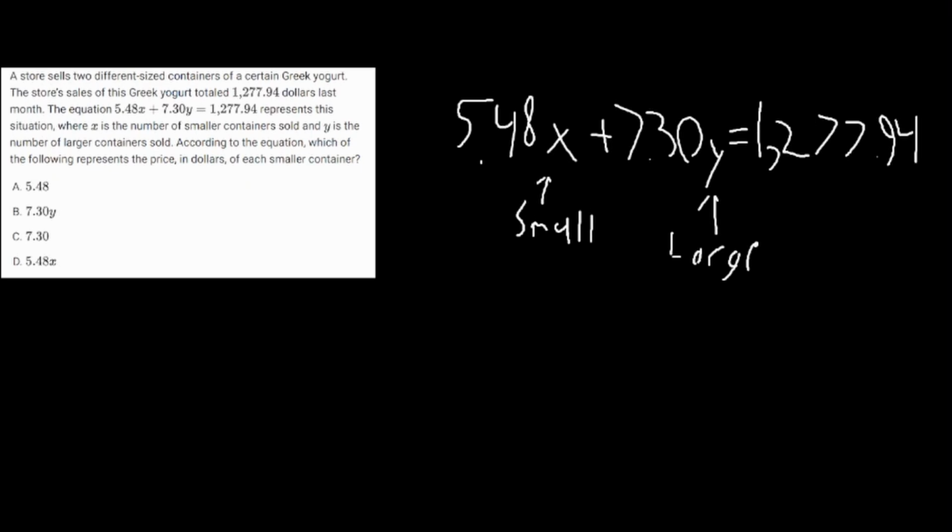Since x is in containers, 5.48 must be in dollars per container, because the containers will cancel out, giving us dollars. So we know that 5.48 is the price in dollars of each small container. So the answer is A.